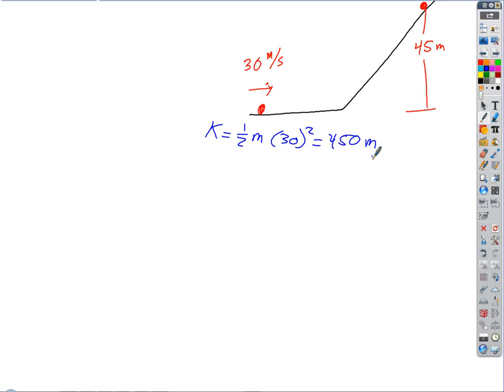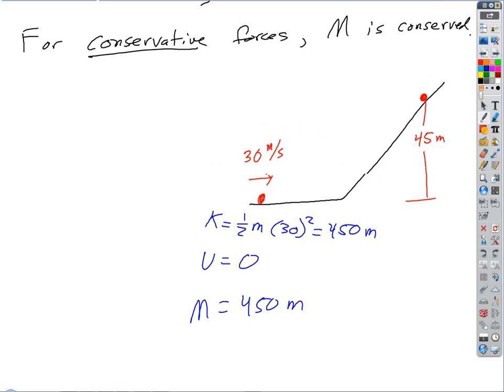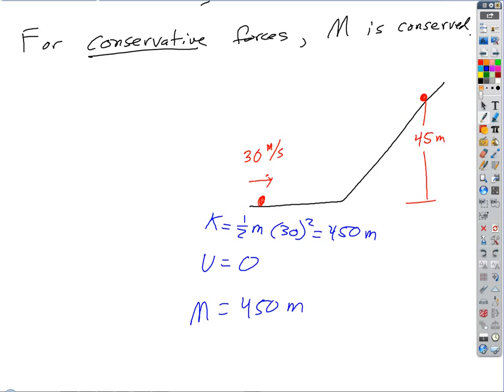We have to define where we're going to set potential energy equal to 0. Well, let's make it 0 here. So then we end up with U equals 0. So my total mechanical energy is 450 m, right? Okay, what about up here at the top? What's the speed? 0. So the kinetic energy is 0. What's the gravitational potential energy?